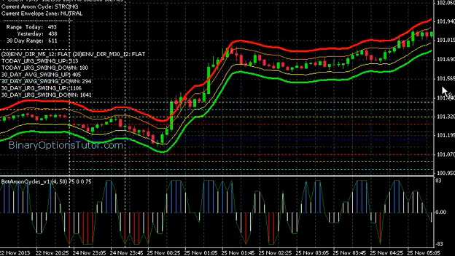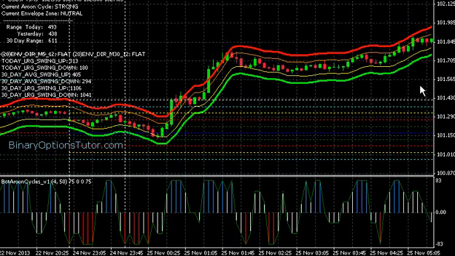Now we're going to talk about some personal ways that we trade around Murrey Math lines. And what we like to do at Binary Options Tutor is view this blue 4/8 line here as our little pendulum between a bullish day and a bearish day.